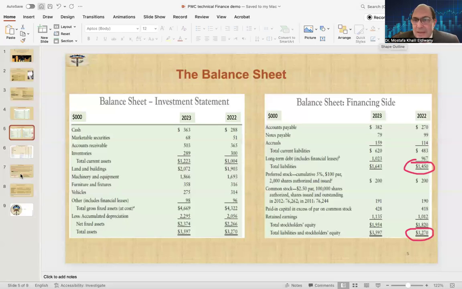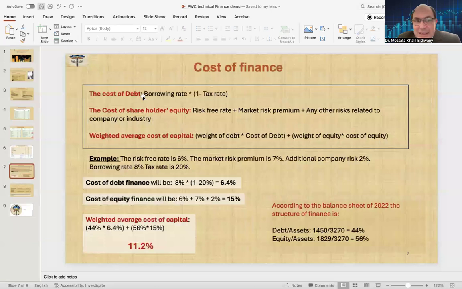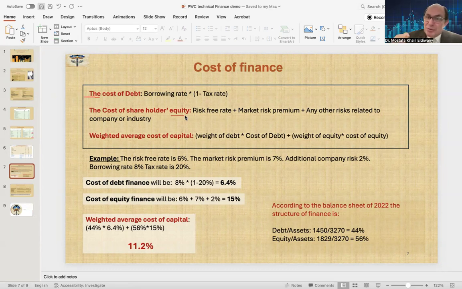Now, the financing you are going to use will be either from debt or from equity. The cost of debt finance, of using loans in financing your assets to buy machines and the like, is the interest you are paying, the borrowing rate, times 1 minus the tax rate, as you are taking benefits from paying interest in reducing your taxable income.